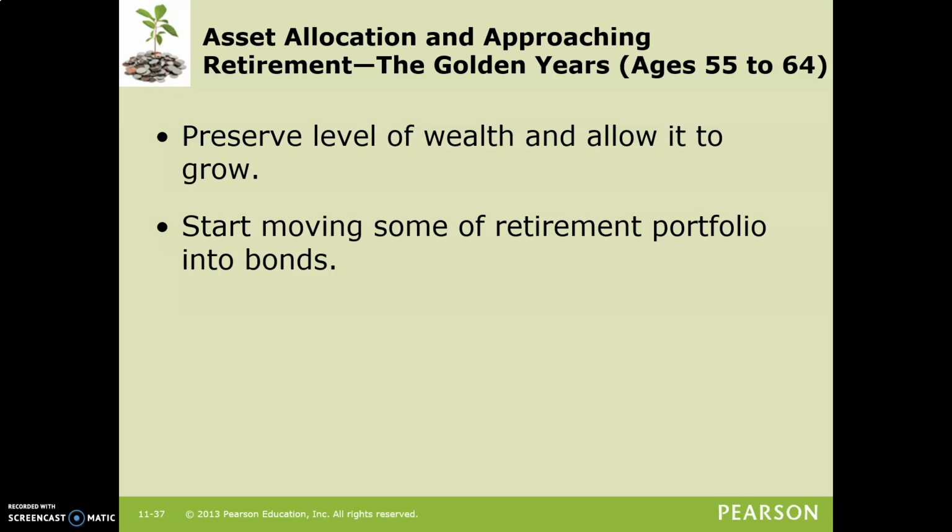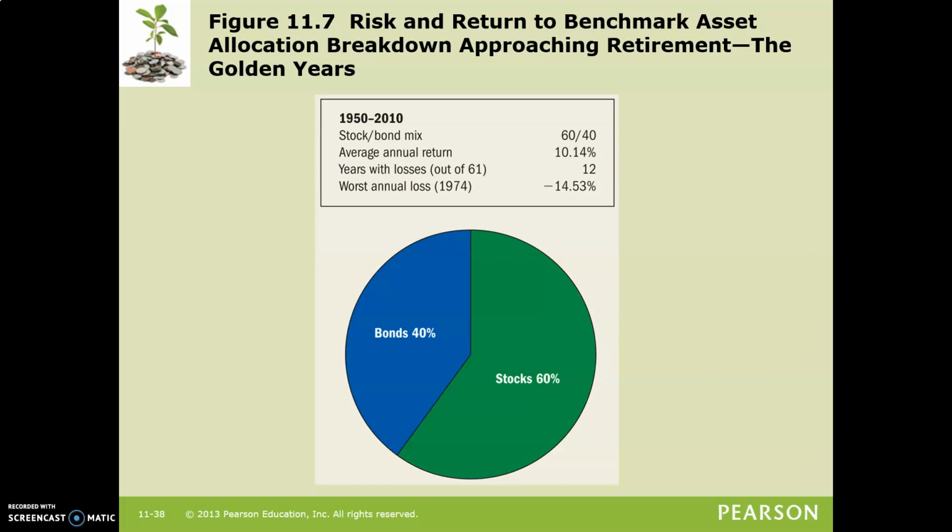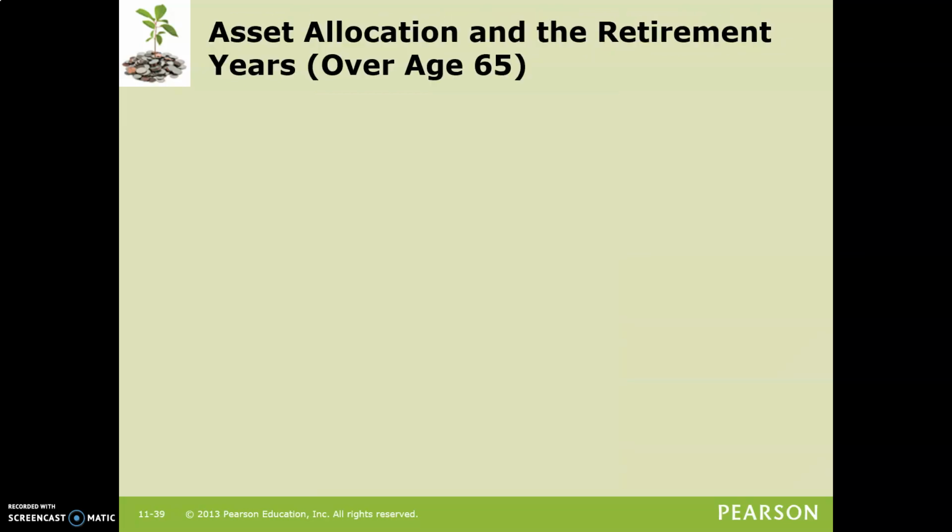Preserve the level of wealth and allow it to grow, and start moving some of the investment retirement portfolio into bonds and maintain a diversified portfolio. So as you approach the golden years, for approaching retirement, ages 55 to 64, own 60% stocks and 40% in bonds. This is a mixture for the golden years.